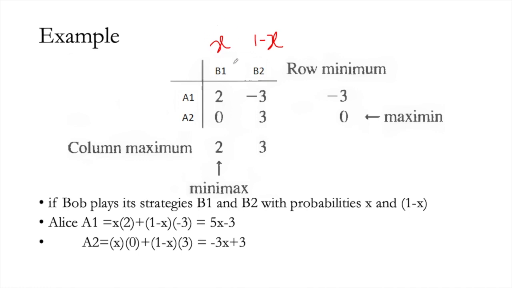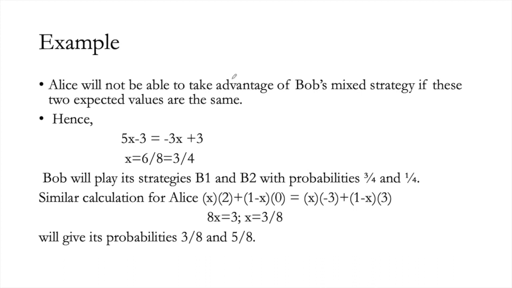Since Bob has chosen this probability to misguide Alice, to make Alice keep guessing which strategy he uses, if Alice can guess that Bob is applying a strategy this many times, she can take some extra advantage.